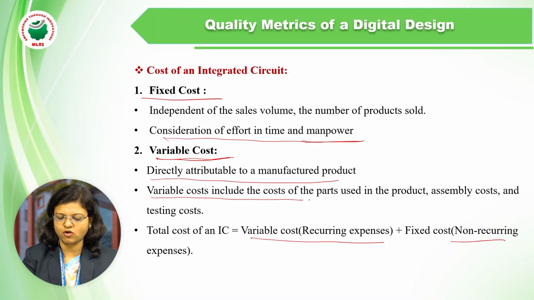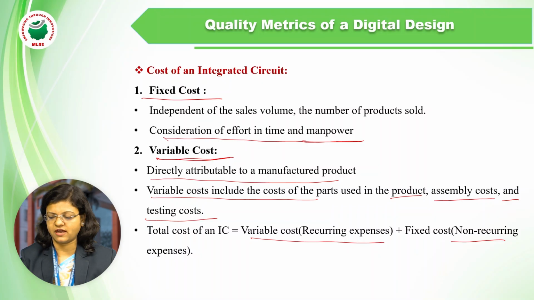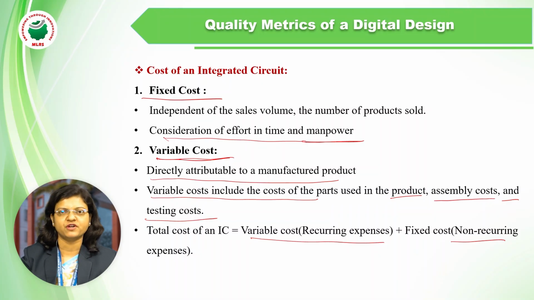This cost includes the cost of parts in the product, the assembly cost of assembling the different components, and after manufacturing, the manufacturing and functional testing we have to do. In that also this cost will depend.